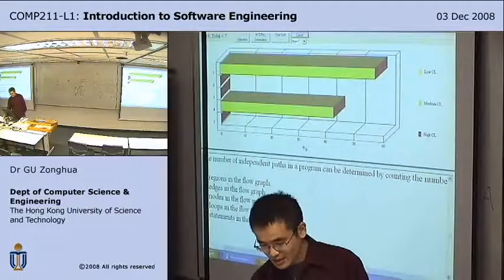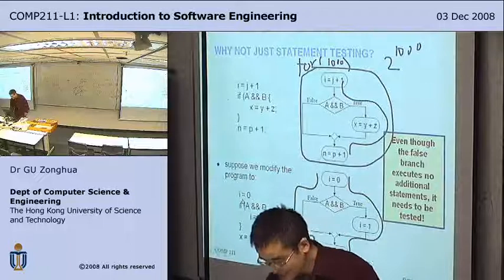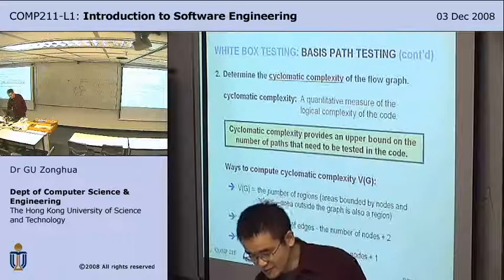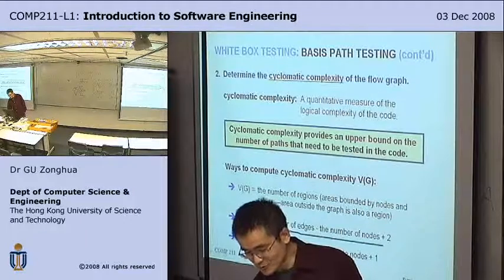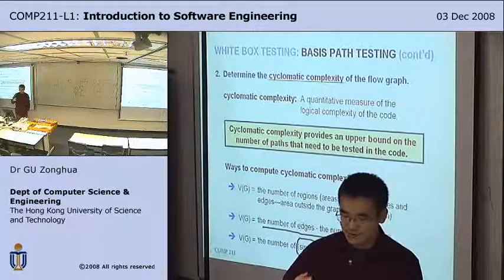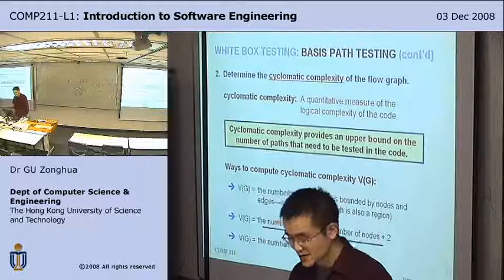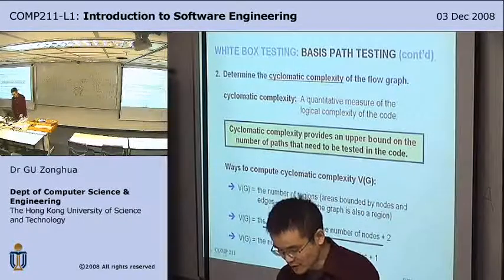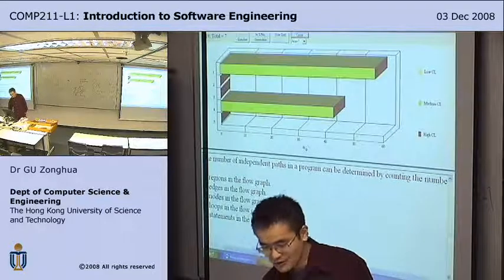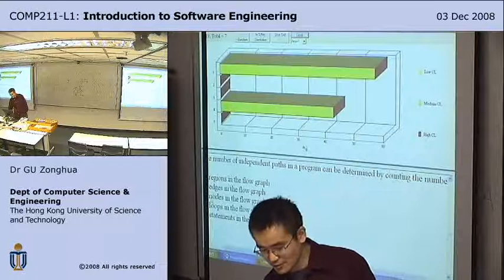That's just not correct. Cyclomatic complexity can be determined by the number of regions, or number of edges minus number of nodes plus 2, or number of simple predicate nodes plus 1. Simple predicate means that if you have A and B, that counts as 2 simple predicate nodes. You need to break up the compound predicate nodes into simple predicate nodes. So in this question, 1 is correct. If you had a choice as edges and nodes, that would be correct. But here, edges or nodes, that's not correct.